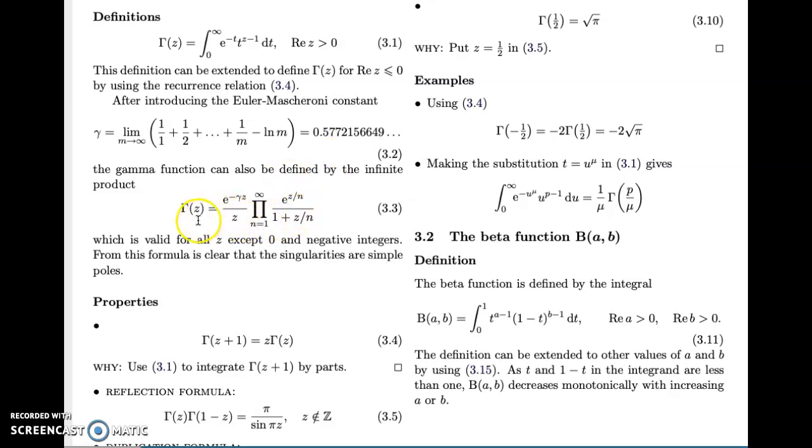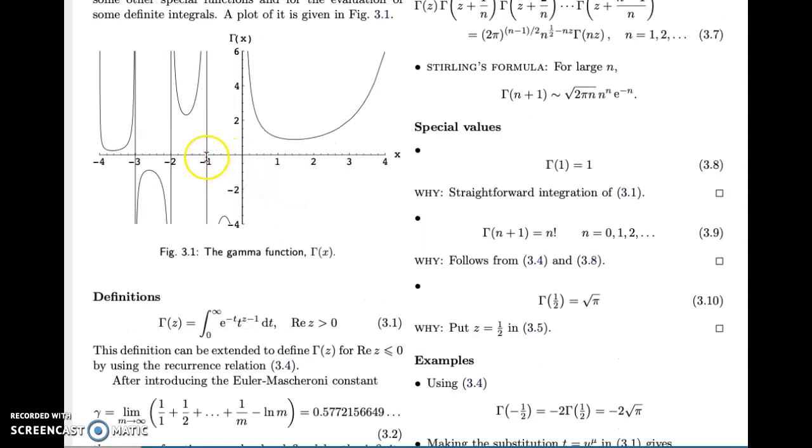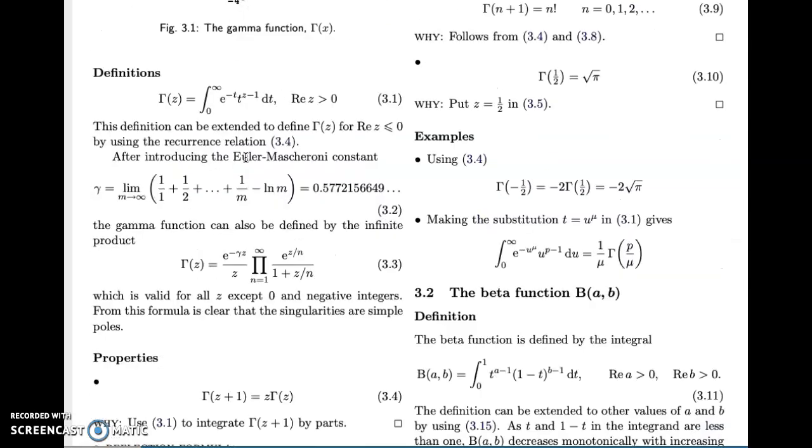But the advantage of this product formula is that it's immediately obvious that you have simple poles at z equals minus n, where n is any positive integer. So that's actually what you're seeing here. You're seeing poles at 0, minus 1, minus 2, minus 3, and so on. Obviously you have a pole here as well. 1 over z gives you a pole at 0.